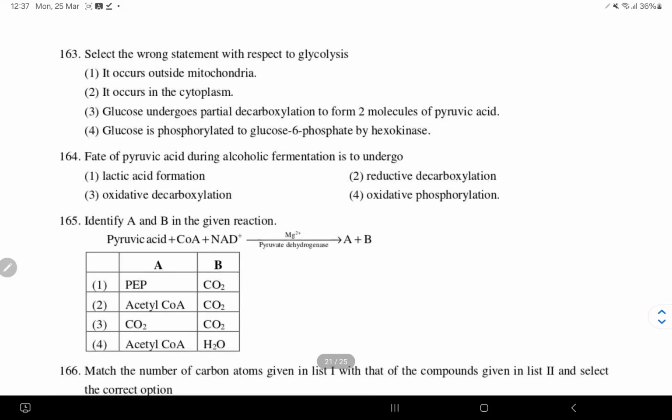Select the wrong statement with respect to glycolysis. It occurs outside mitochondria, right? It occurs in cytoplasm, right? Glucose undergoes partial decarboxylation in the form of 2 molecules. This is wrong. They don't undergo partial decarboxylation.